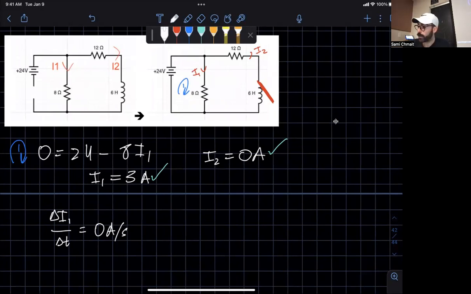Now, the difference is with I2 over delta T, there is going to be some change because recall, right after closure, it acts like an open switch. However, at steady state, it becomes a constant current flowing all the way through here. The way you want to think about it is, in the case of an inductor, when a switch is closed, the inductor initially resists current, but a magnetic field will slowly build up and eventually reach the steady state value.